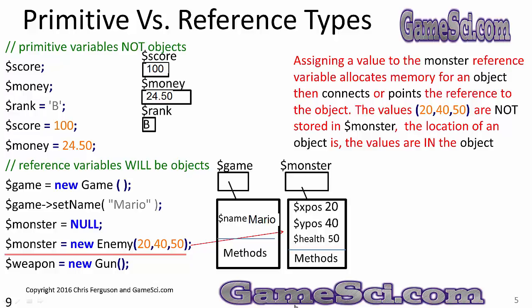The location of an object is stored there, and then the values are inserted into that object. You can see that first argument 20 got inserted to X position. The second argument 40 is in Y position. The third argument 50 is in $health. That is how a constructor works. It puts new values into the object. In this case, the constructor must have 3 parameters because I'm calling it with 3 parameters.